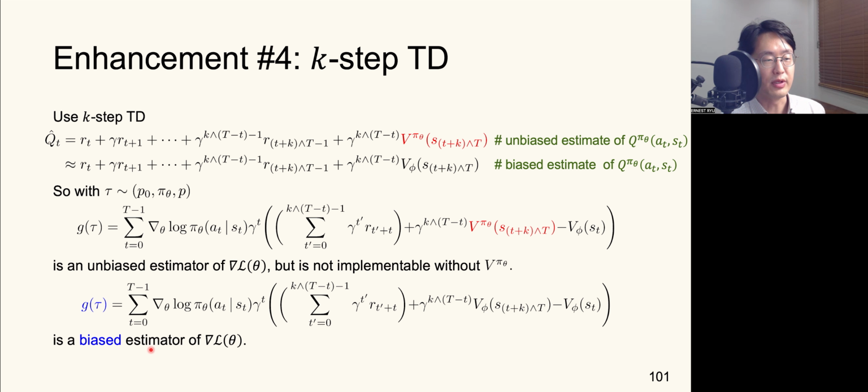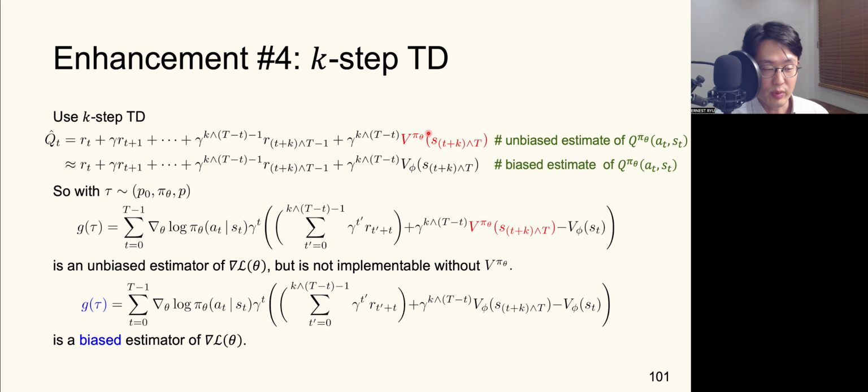So the final enhancement that people use is K-step TD. When we use K-step TD, we can expand the sum and do the K-step transition. Then after K steps, we plug the transition state into the V value function, not the Q value function.